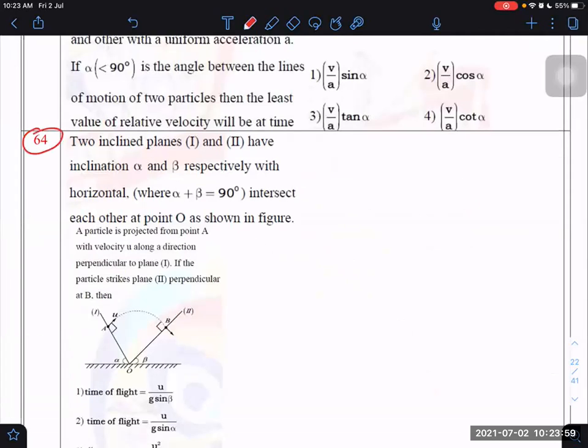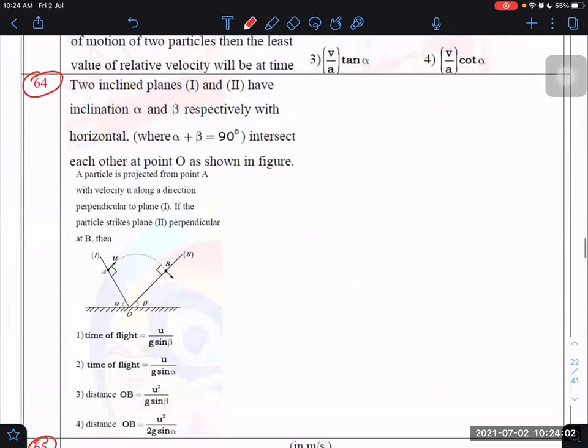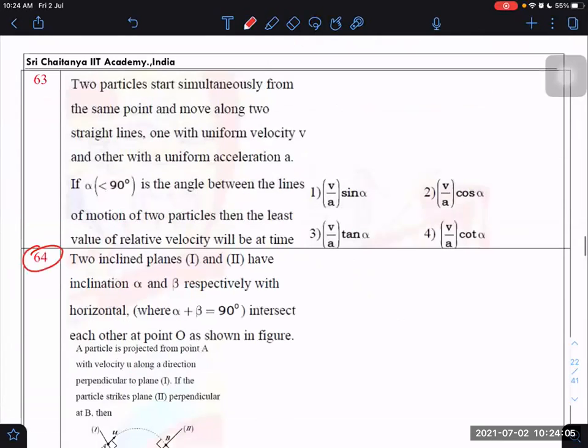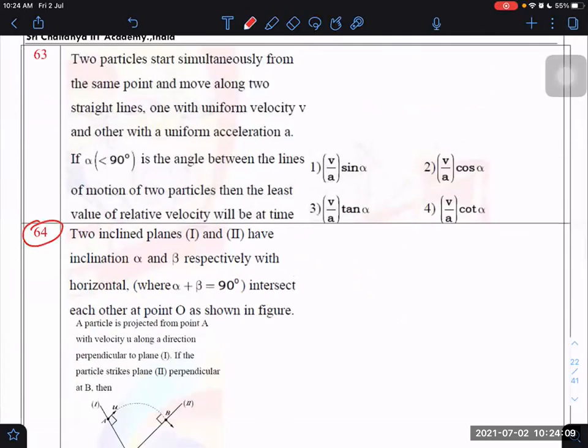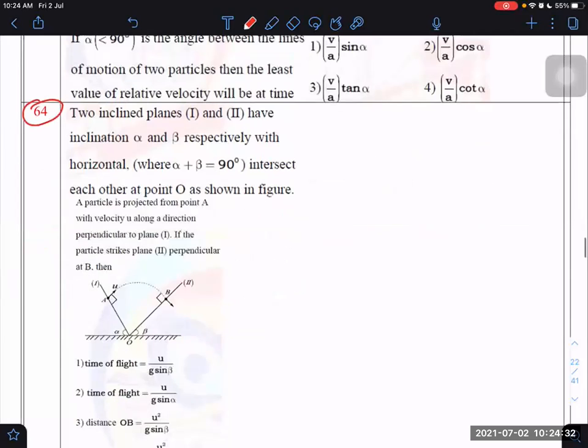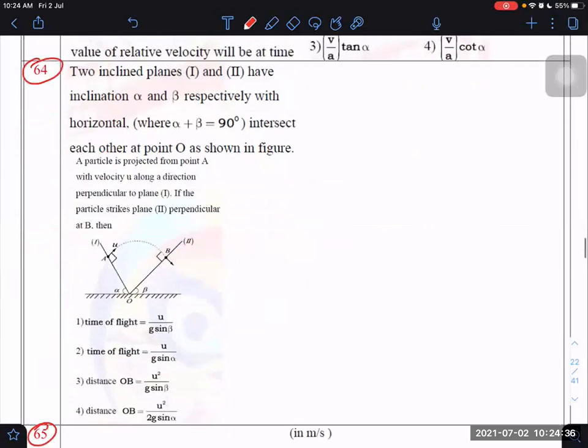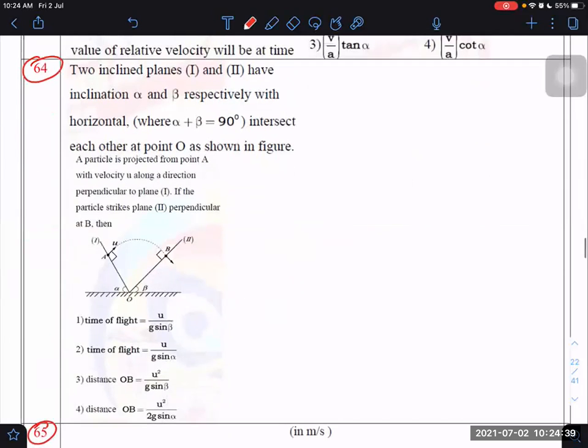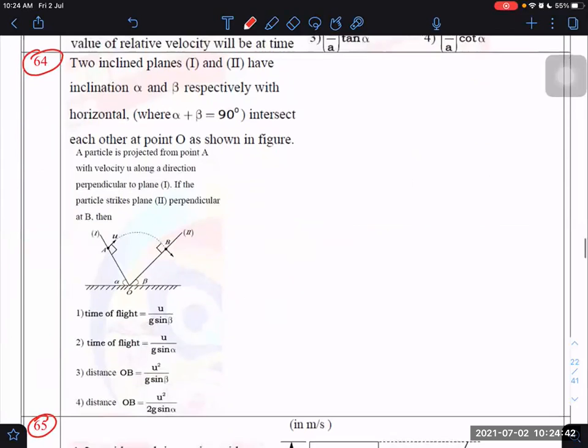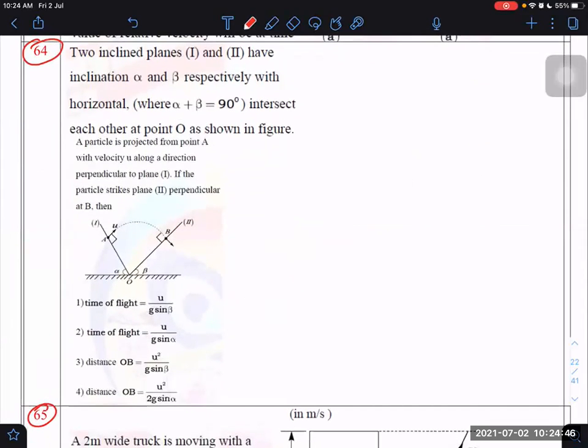Have you done 64? This is also a very important question for this week. Do 64 once. Can we get the answer for 64?